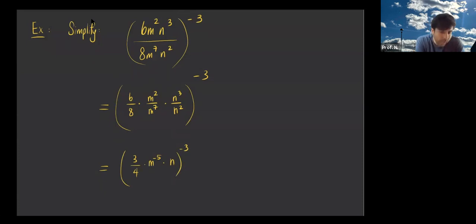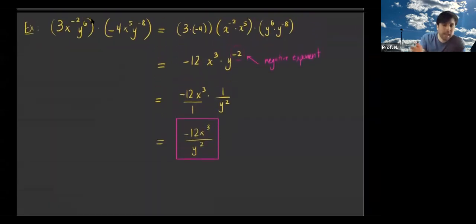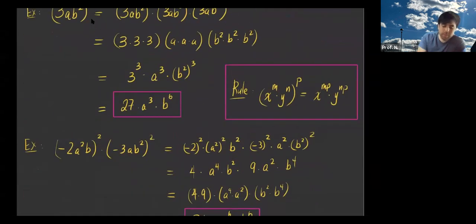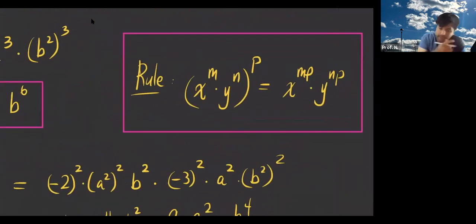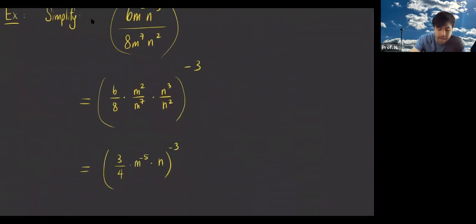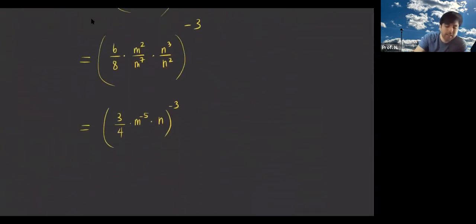Now, you can continue with the inside, making the negative exponent positive and all that. Or you can apply the rule that we just applied. You see how there are many avenues to the right answer? If I have a product of expressions and all of them are being raised to the same exponent, I can raise each of them individually to that exponent.